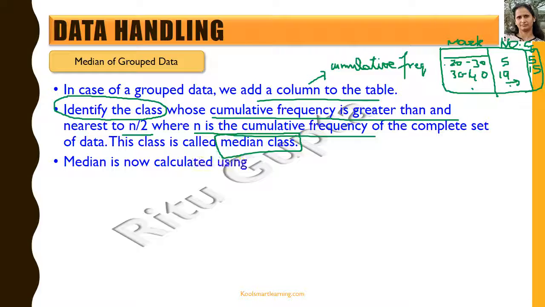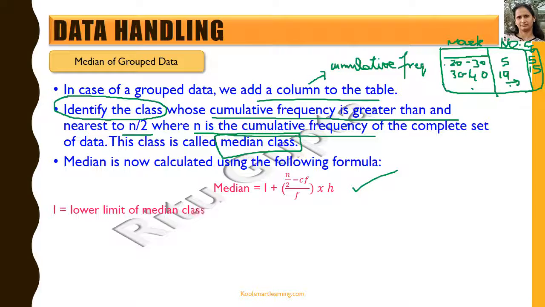We'll see how we do that, and then we use this formula to calculate median, which says median is equal to L plus n by 2 minus the cumulative frequency CF divided by F into H. Now let's see what all these terms are. L is the lower limit of the median class.